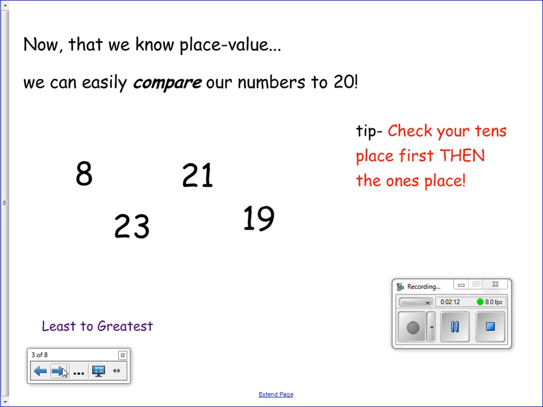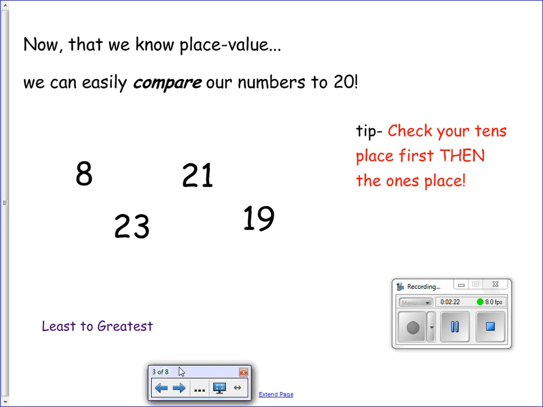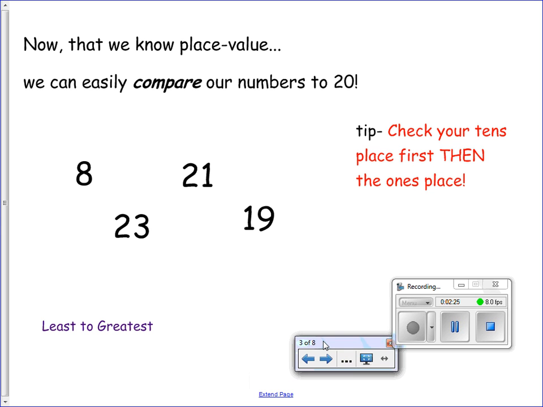Now that we know place value, we can easily also compare our numbers. The tip is to always check your tens place first, then the ones place. If the directions were order your numbers from least to greatest, we would have to find the least number in the tens place first. As you know, for a lot of first graders, finding the number of tens in a single digit number has been tricky.